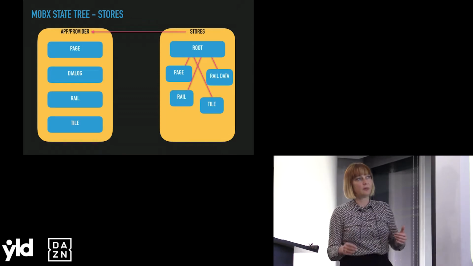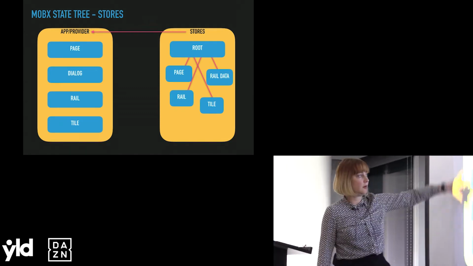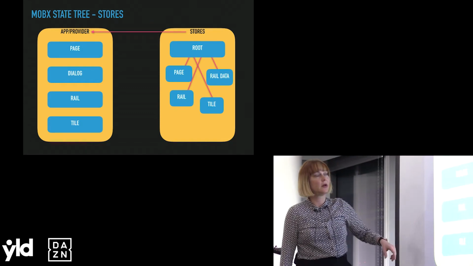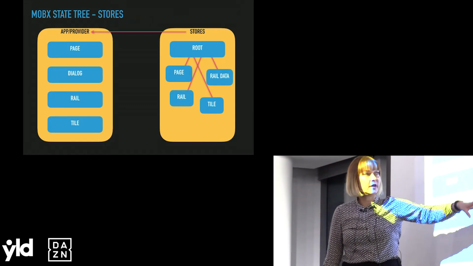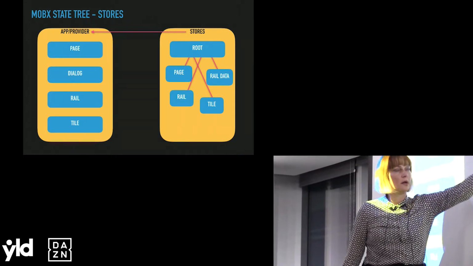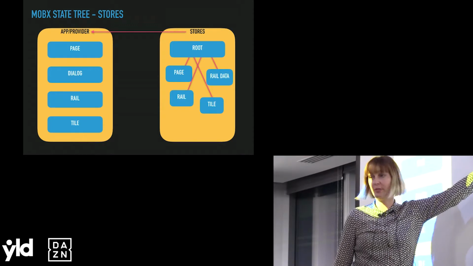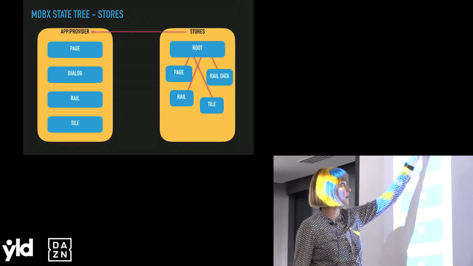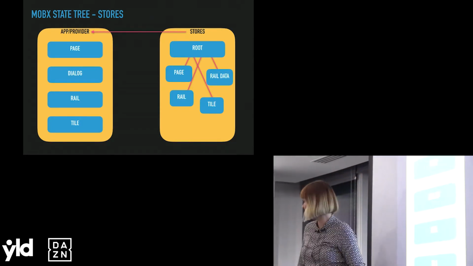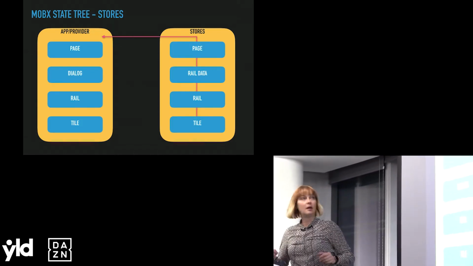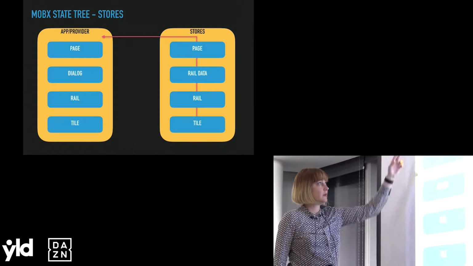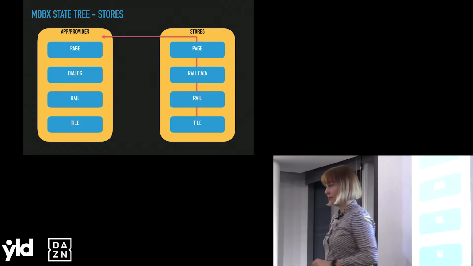This is one of the examples. So these are our React components here. We have our stores that are all imported by the root, and then we are injecting only the root store into the provider. And the second example is that we are injecting each store separately into the provider.